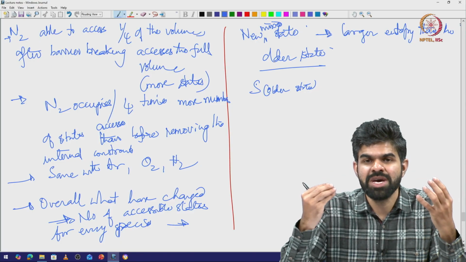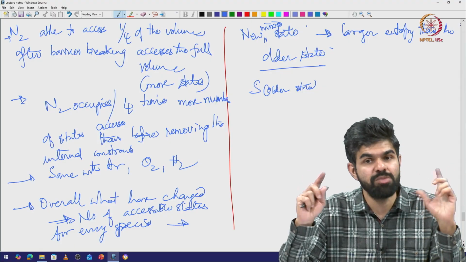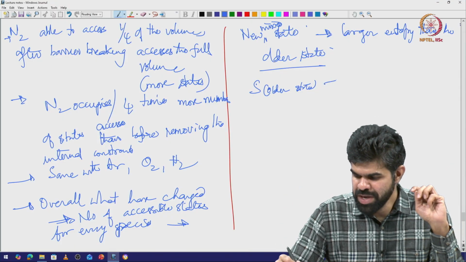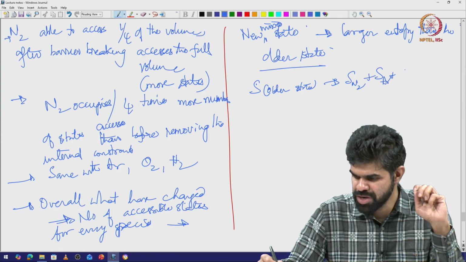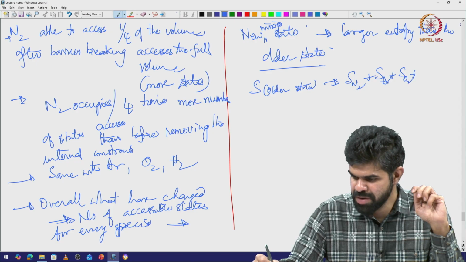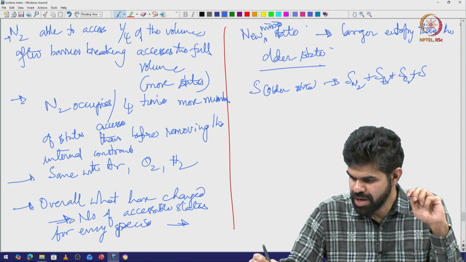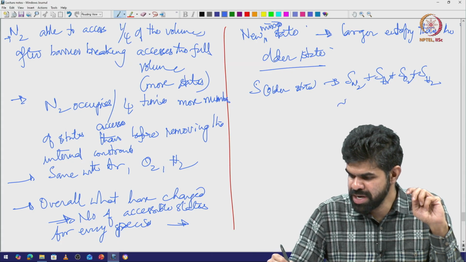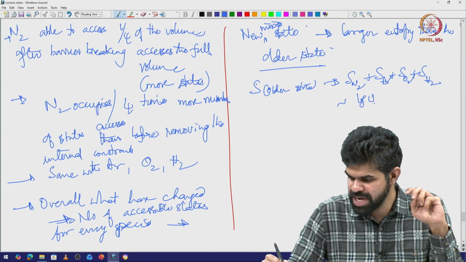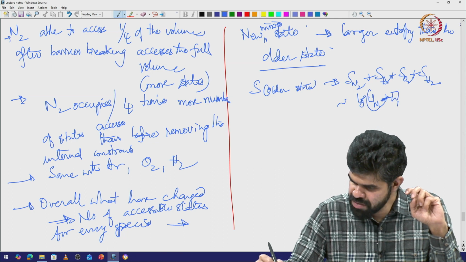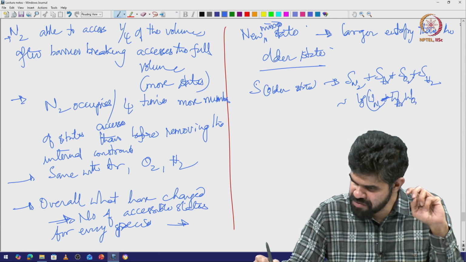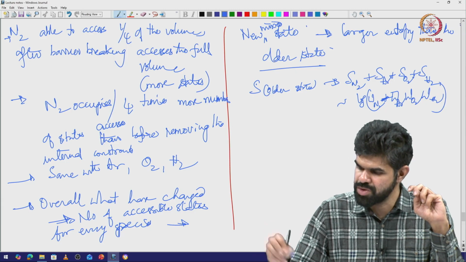Now, thermodynamics gives me a recipe to calculate how much that is changing by. Now, we can write, entropy is additive: entropy of nitrogen plus entropy of argon plus entropy of oxygen plus entropy of hydrogen, which is all dependent on the logarithm of the number of states of nitrogen, argon, oxygen, hydrogen, and so on and so forth.